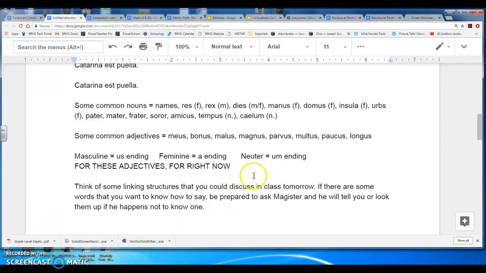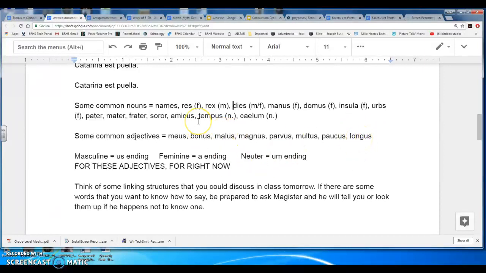A lot of these are self-explanatory, like meus is my, bonus is good, like bona fide, or give me a bonus point. Malus, like bad, mal. Magnus, big. Parvus, small. Multus, like multiply, many. Paucus, a few. The paucity is a derivative of that word. And longus, or long. That's right out of Latin.